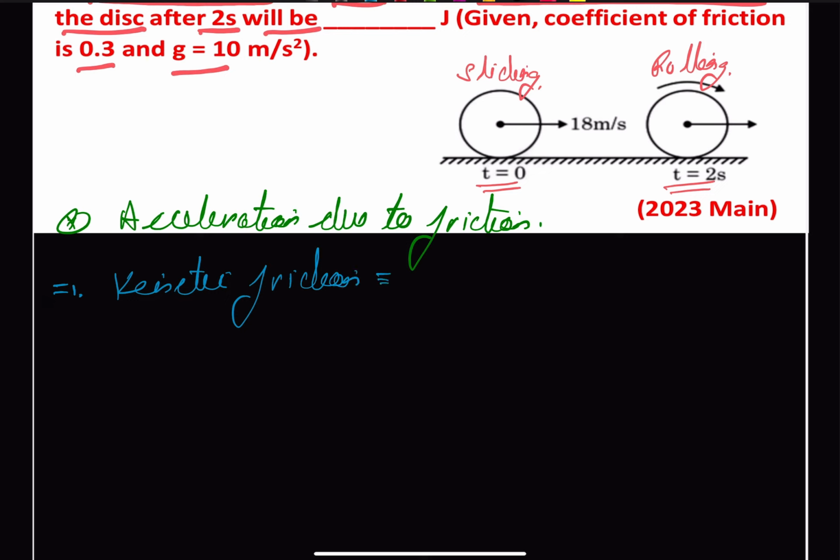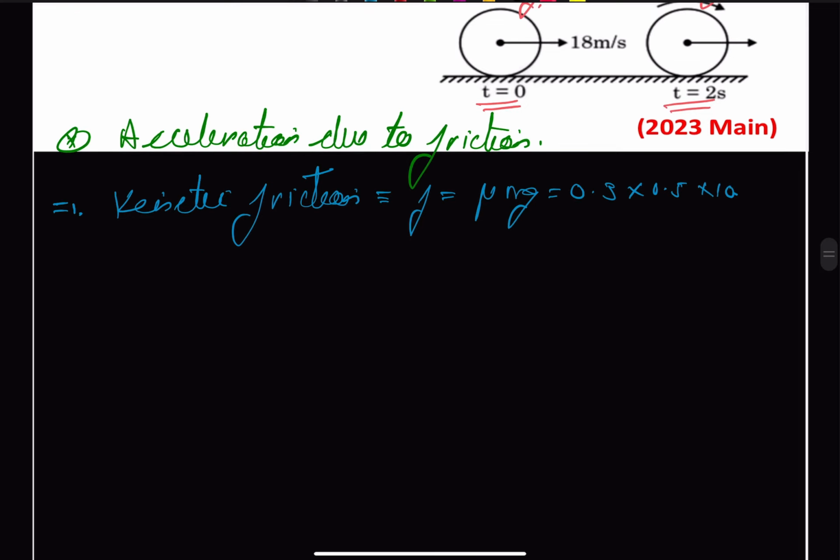And let us suppose that is our F, which will be equal to mu times mg. We substitute the value, we have this as 0.3. Mass is our 0.5 multiplied by 10. So we have a kinetic friction, that is F will be equal to 1.5 newtons.